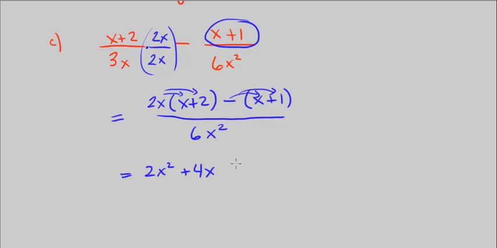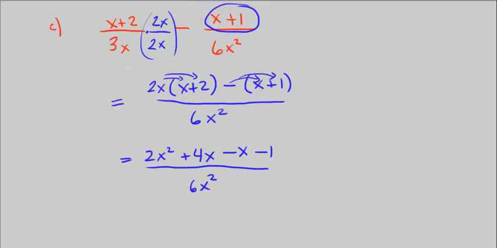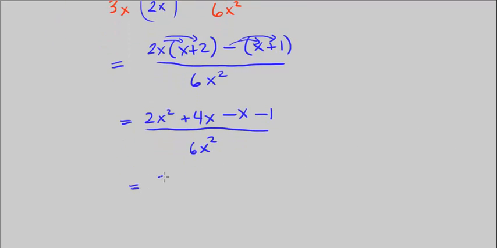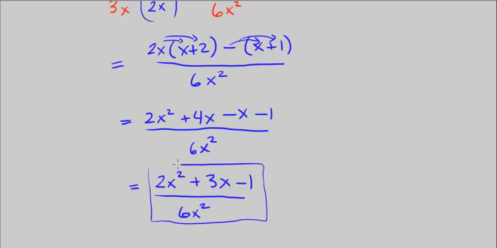Distribute the negative sign: minus x minus 1, all over 6x squared. Combine like terms and we have 2x squared plus 3x minus 1 over 6x squared. And this is a very happily acceptable answer. Let's just end it like that. And that ends CPM Precalculus Chapter 2, number 77.